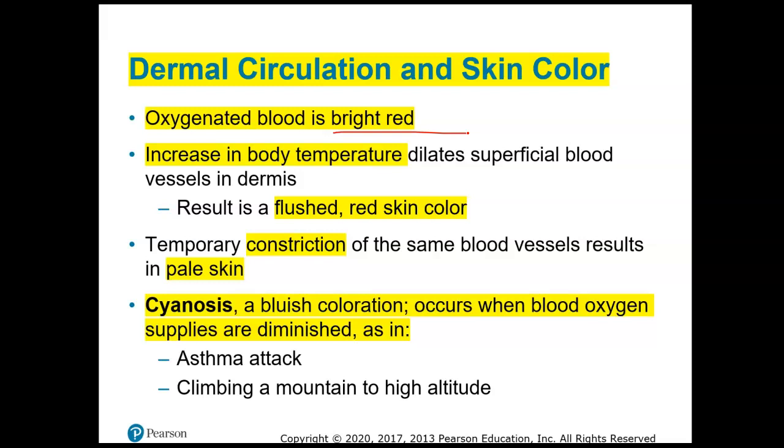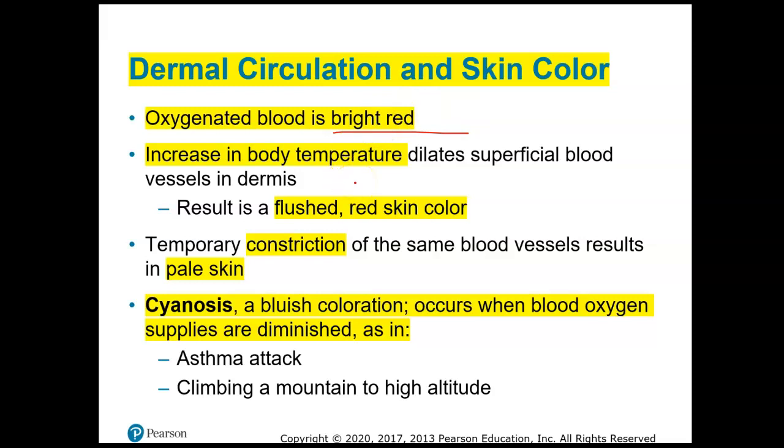Oxygenated blood is bright red, and whenever it's oxygen-poor blood, then it's a darker red. It's a different shade of red. But anyway, because oxygenated blood is bright red, the more active your circulation is near the surface of your skin, the more of a reddish tone you're going to have to your skin.